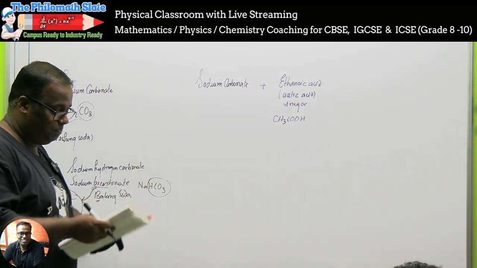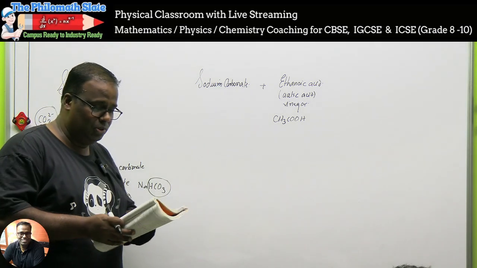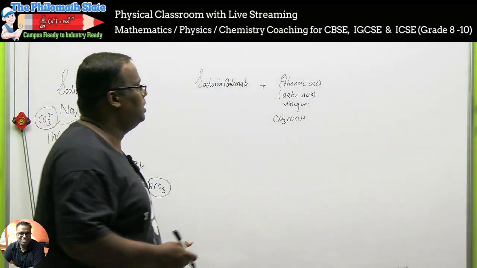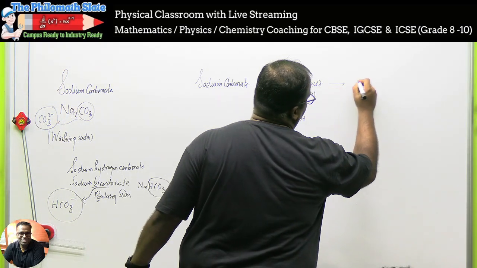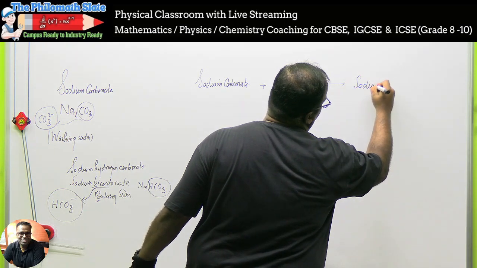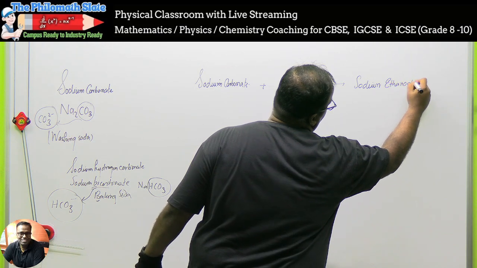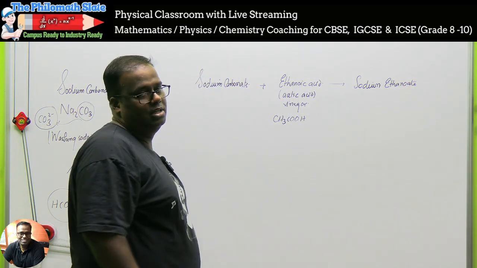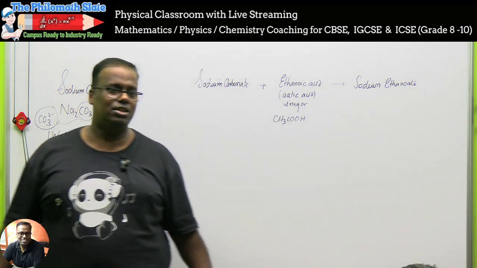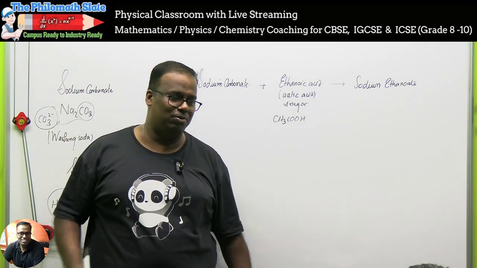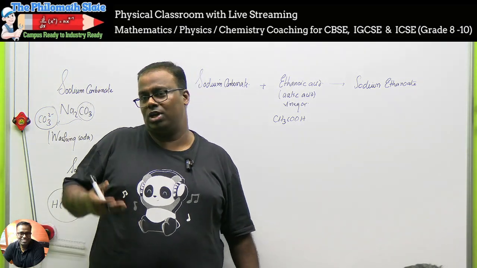So sodium carbonate reacts with ethanoic acid to form something called sodium ethanoate. These ethanoates are all esters. Esters means fruity smelling compounds. Have you ever gone to Karachi bakery?